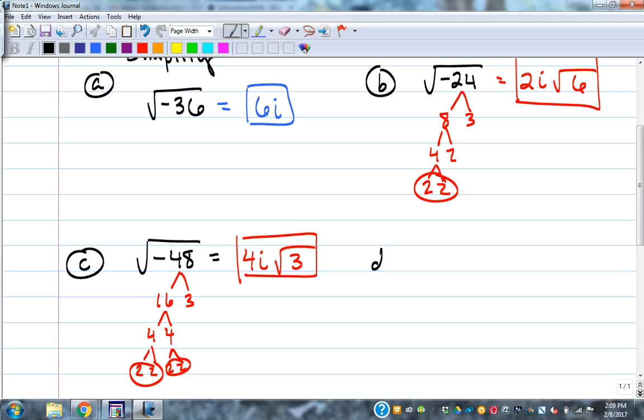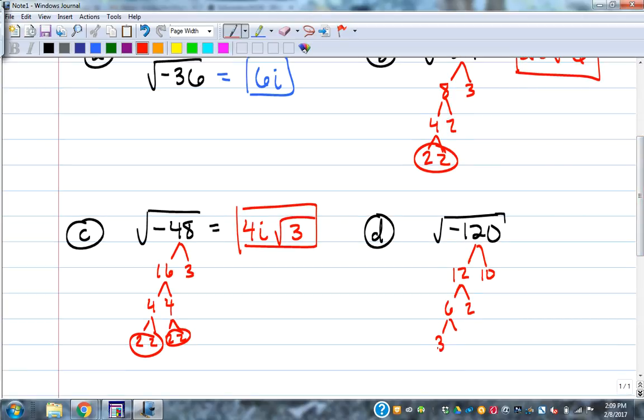Let's do one more of those. Let's say we had something a little larger, like the square root of -120. Somewhat large. 12 and 10, 6 and 2, 3 and 2, 5 and 2. So I've got a pair of 2s, and then no other pairs.